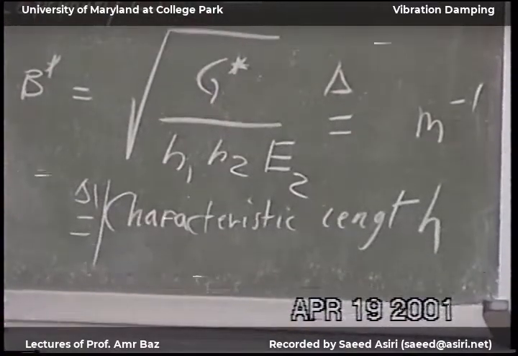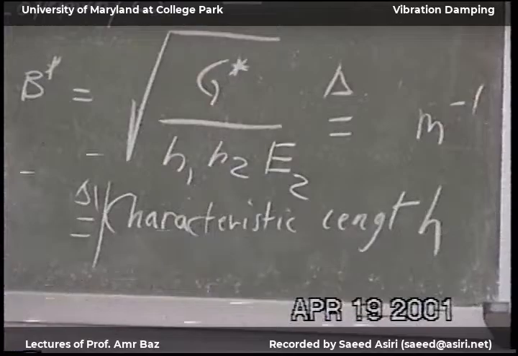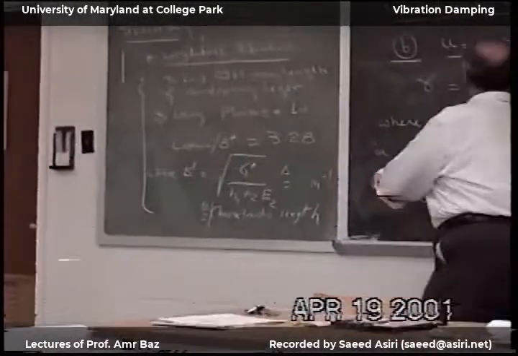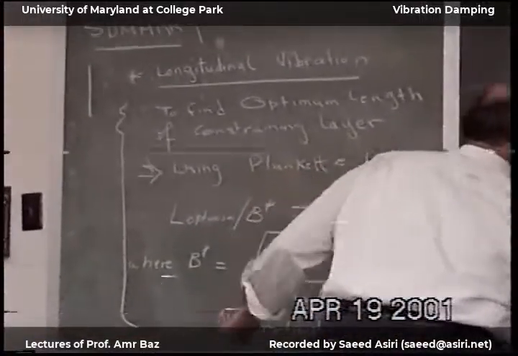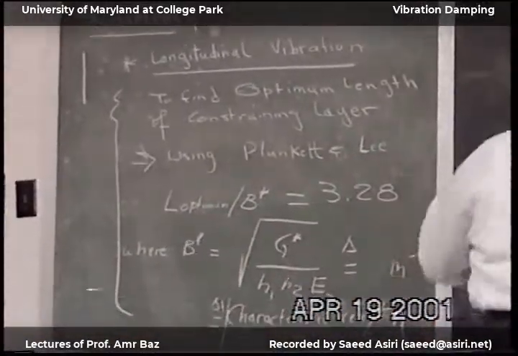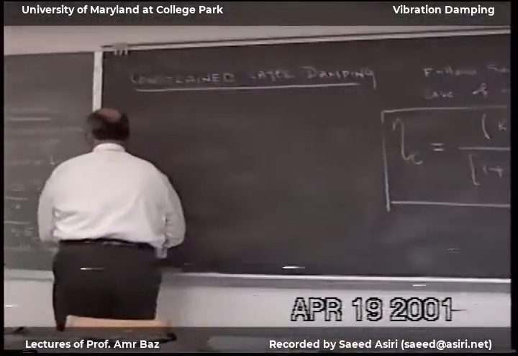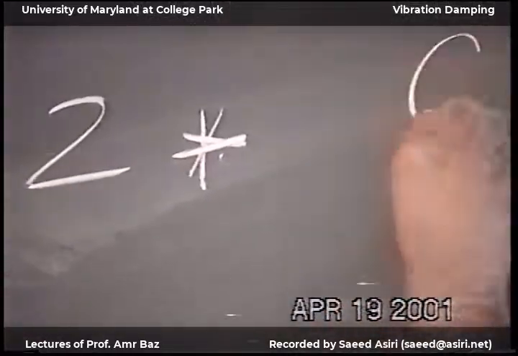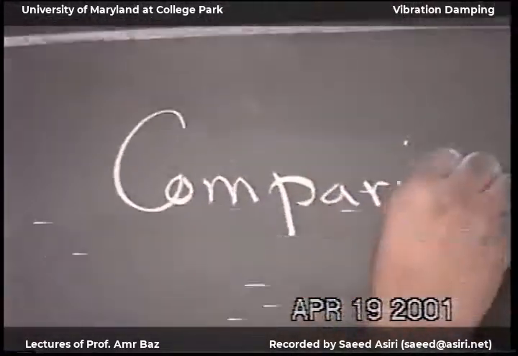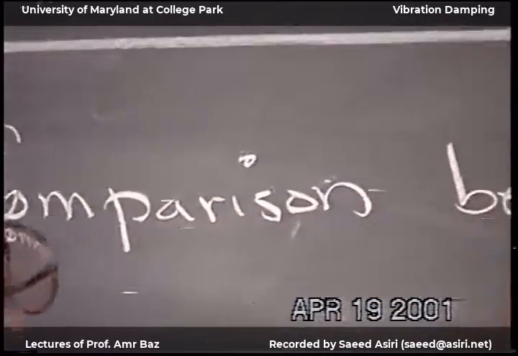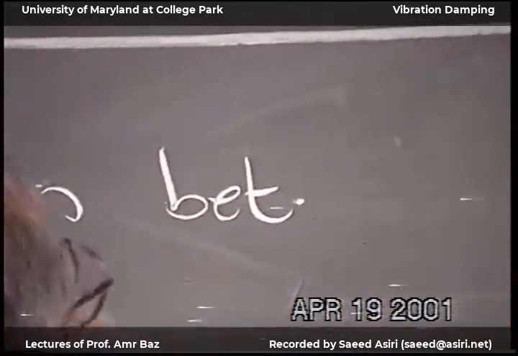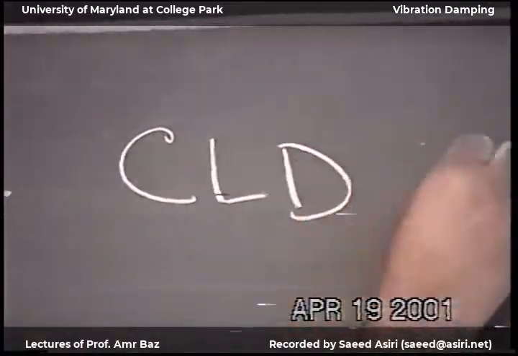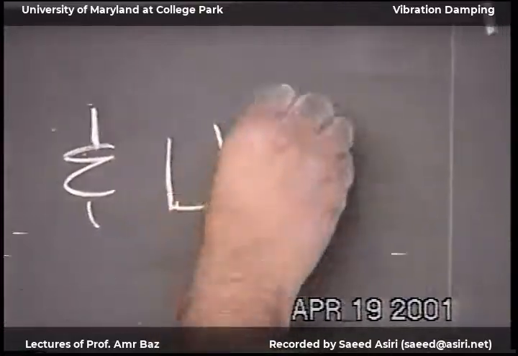Okay, and then so this is number 1. And then number 2, we used this to make a comparison between constrained layer damping and unconstrained layer damping.